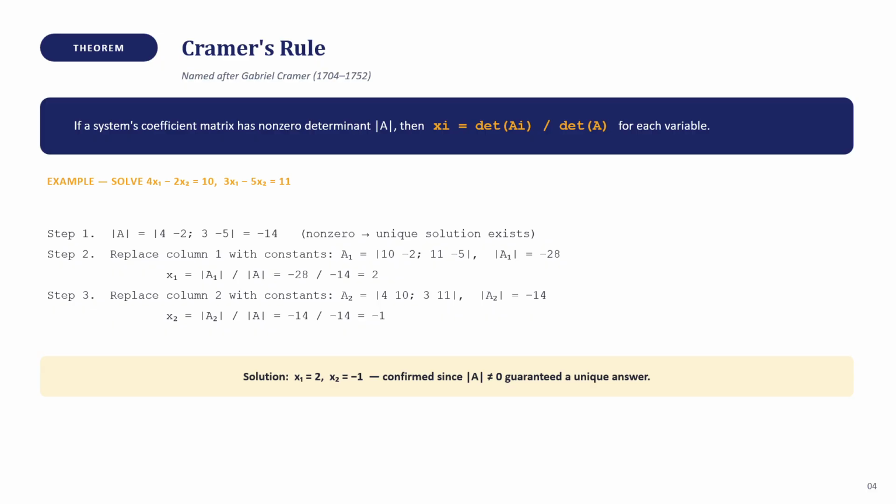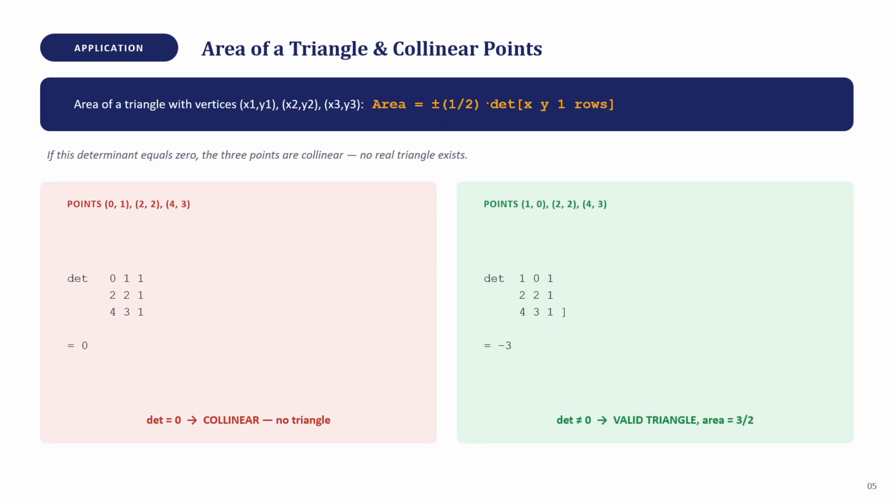So the solutions are x sub 1 equals 2 and x sub 2 equals negative 1. This confirms that, since det A is not equal to 0, the solution is guaranteed. I would show this on the board, but I cannot show it here. So let us continue.